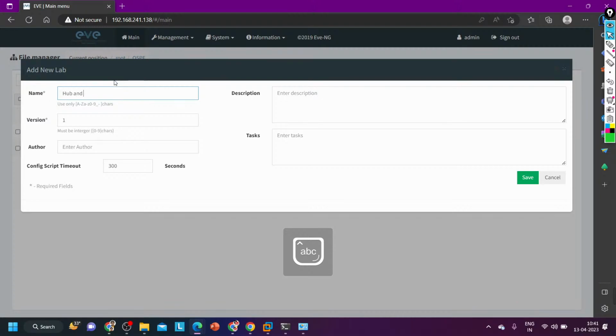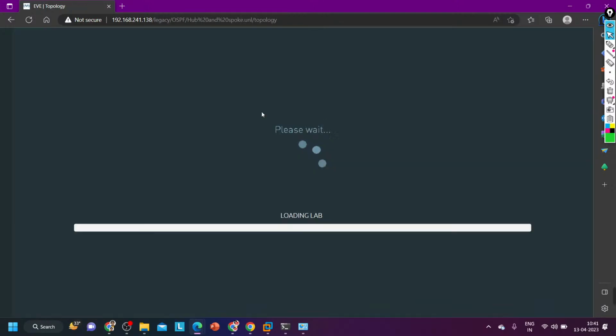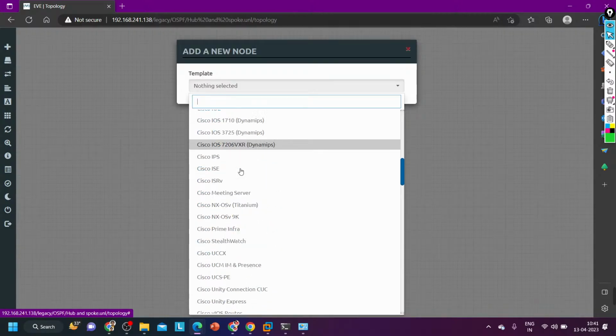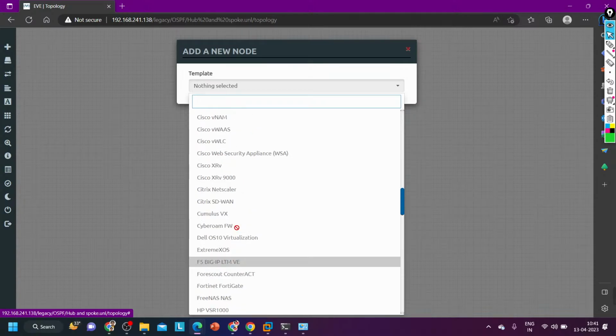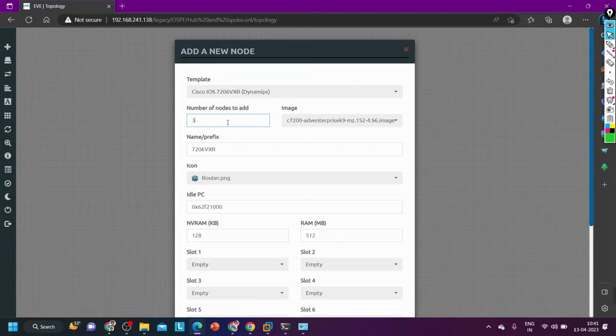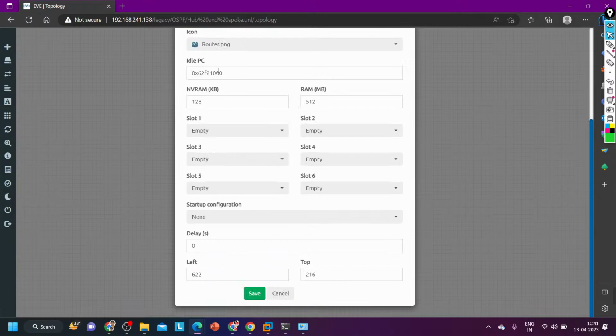हब एंड स्पोक. I need 3 number of router. Okay, let me add one module.